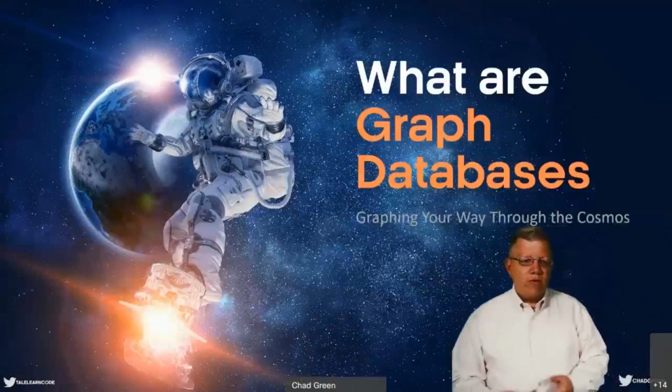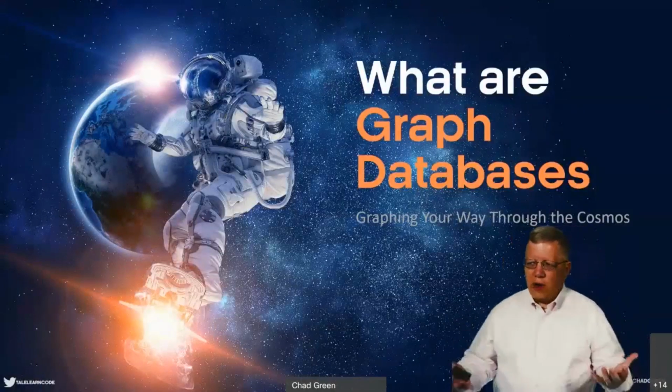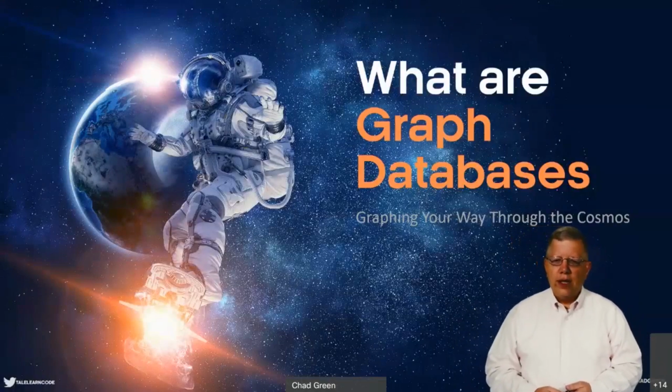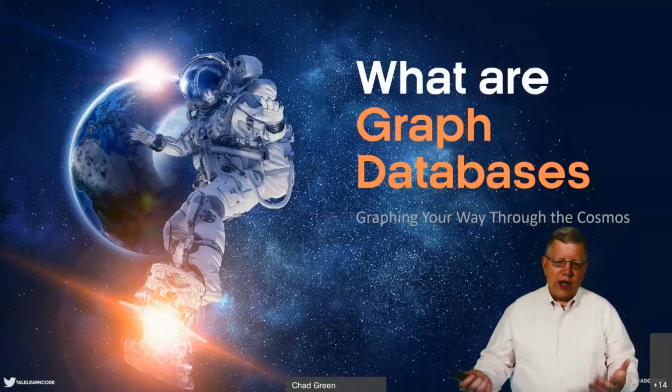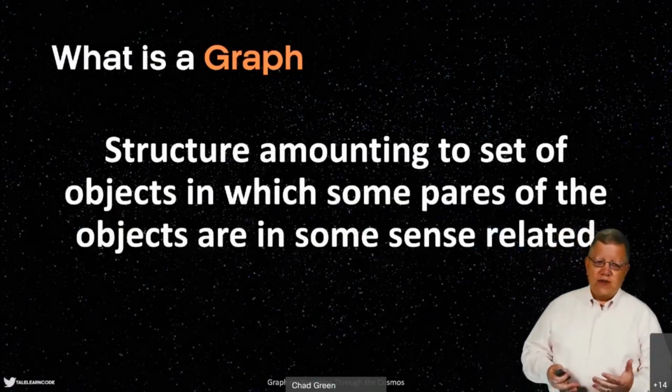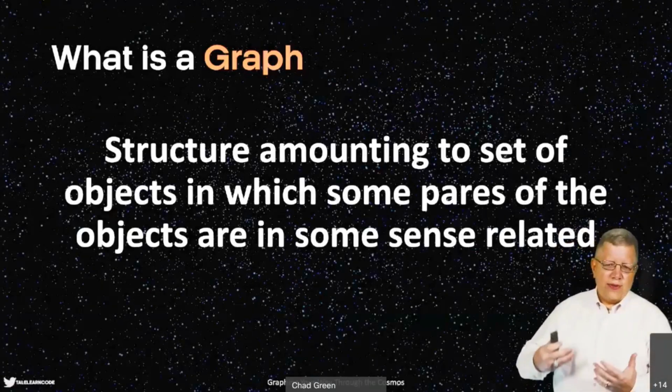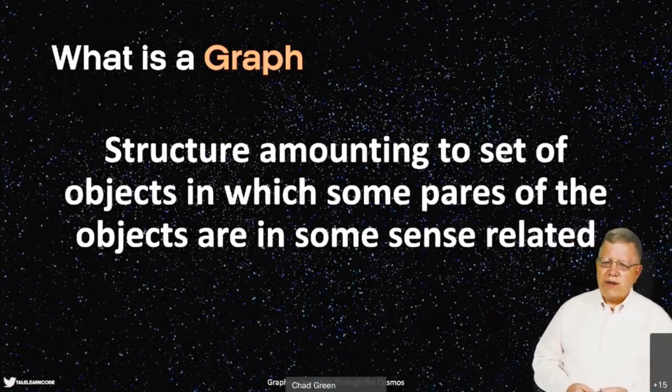All right, so what I want to start off with is talking about what graph databases are. I usually like to start with the mathematics behind this, because it is all based upon mathematics. According to math, graphs are one area of concentration in discrete mathematics.